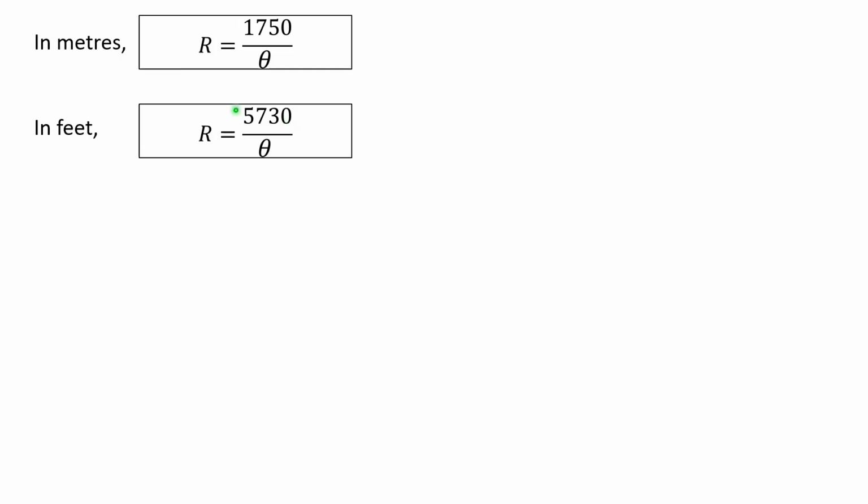Then we have to see what is the limiting factor for this radius and degree. We usually try to avoid sharp curves. What is the peculiarity of sharp curves? Sharp curves are the ones which have minimum radius or maximum degree.